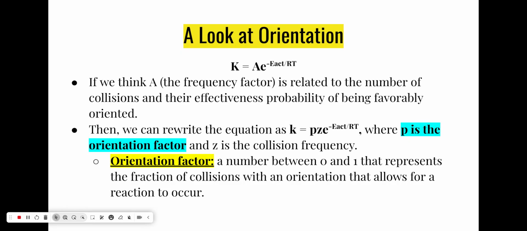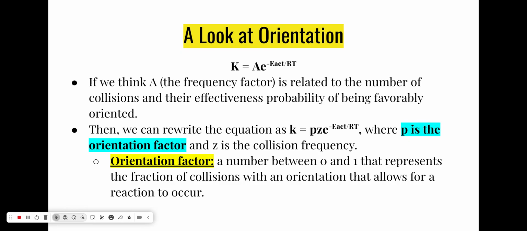Sometimes if a molecule collides in one way, no chemical reaction will happen, even if there's sufficient energy. Okay, so again, you have to have the correct orientation when those molecules collide, in addition to having the sufficient energy for reactions to occur.